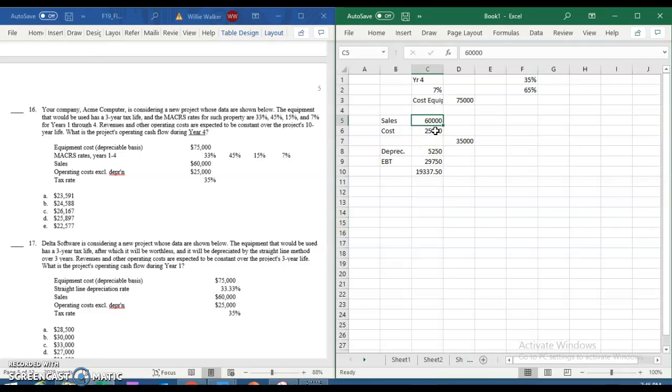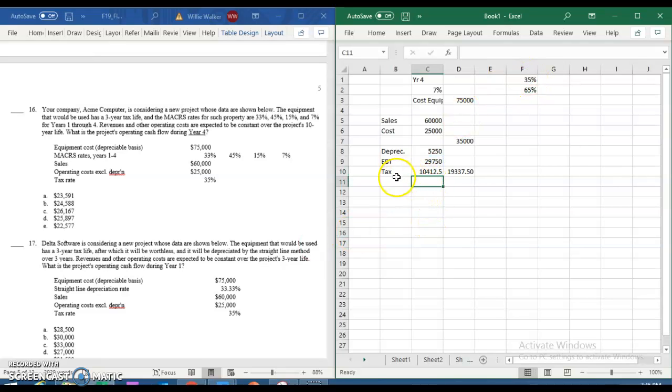We got sales, cost of those sales, depreciation, and tax. Okay. Another way I could have done this, let's move this over here. I could just say another cost, tax. So we have our earnings before tax, and the tax amount would simply be equal to this earnings before tax times the tax rate.